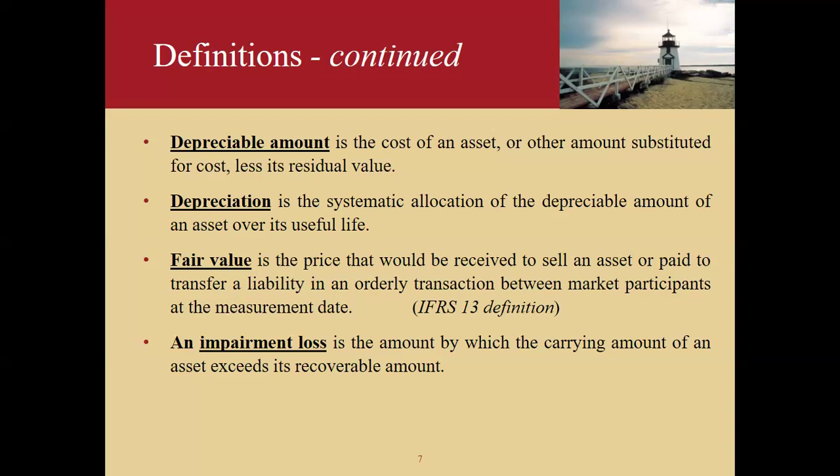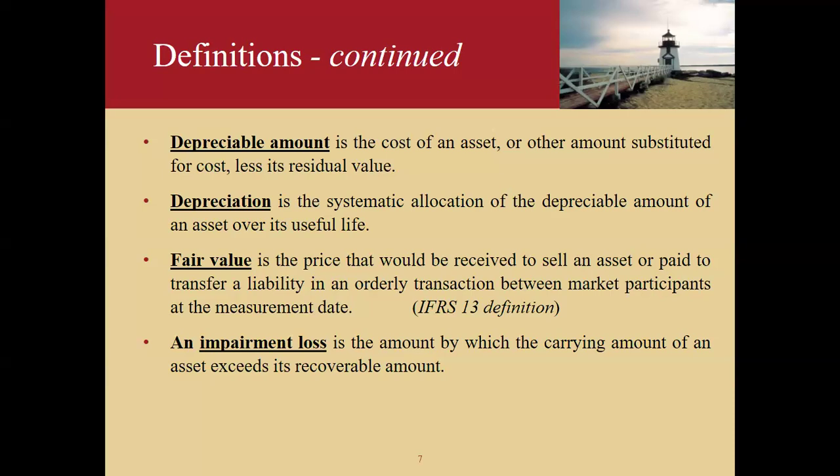So an impairment loss is the amount by which the carrying amount of an asset exceeds its recoverable amount. We've already looked at carrying amount. That is what is written in the books. Then also, we are going to look at the recoverable amount. So now they are telling us that an impairment loss is the amount by which the carrying amount of an asset exceeds its recoverable amount.